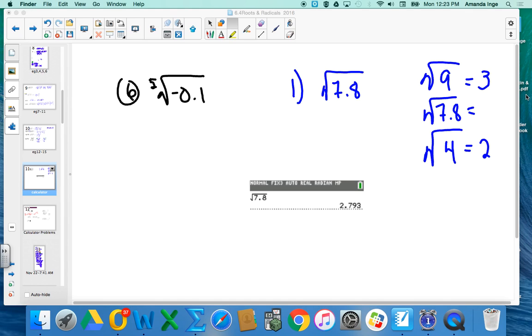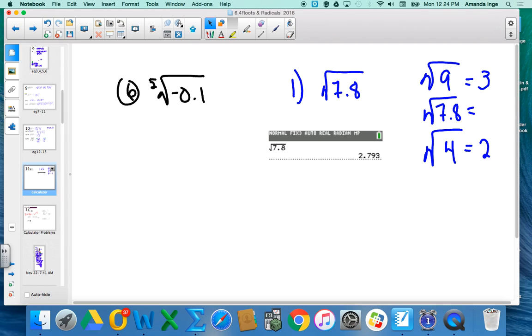Alright, so you can all put that in your calculator and push the buttons. I put my decimal place on 3 places, and I get something that looks like 2.793. Okay? But I'd like to look at this problem that I have here, which I don't know why it says 6, but it does.